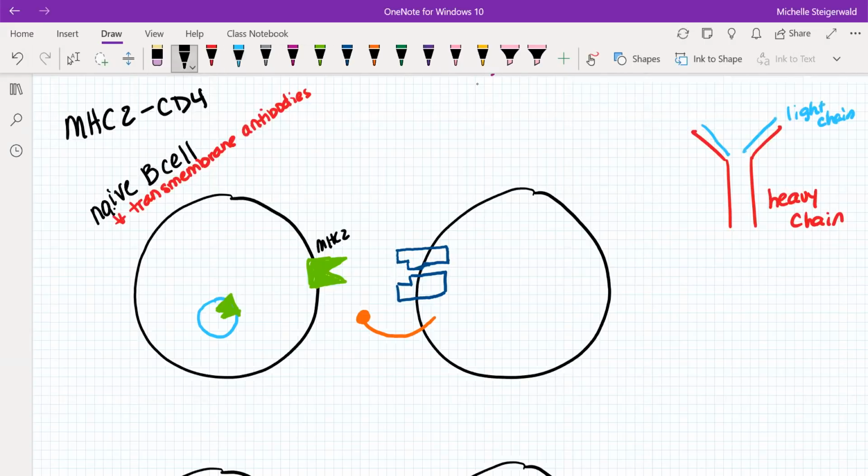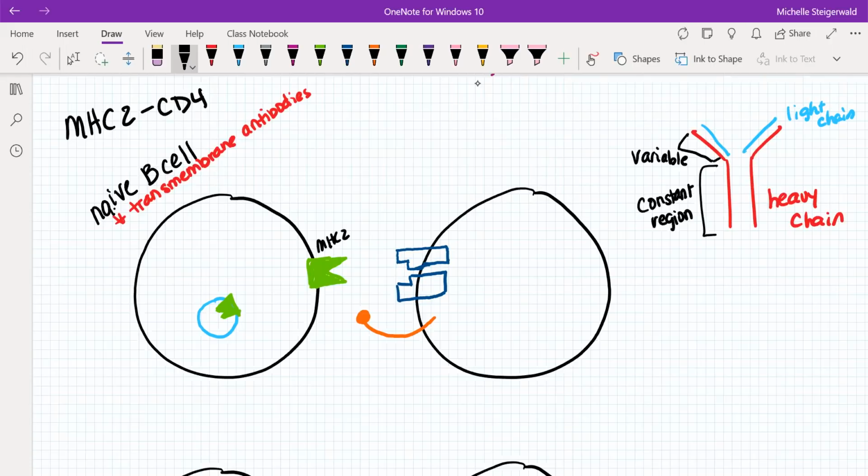Antibody also has something called a constant region. Basically, that's your foundation. Every antibody is going to have the same constant region, but from there, you can build different variable regions. So this is variable. And it's those variable regions that are actually going to bind to an antigen.